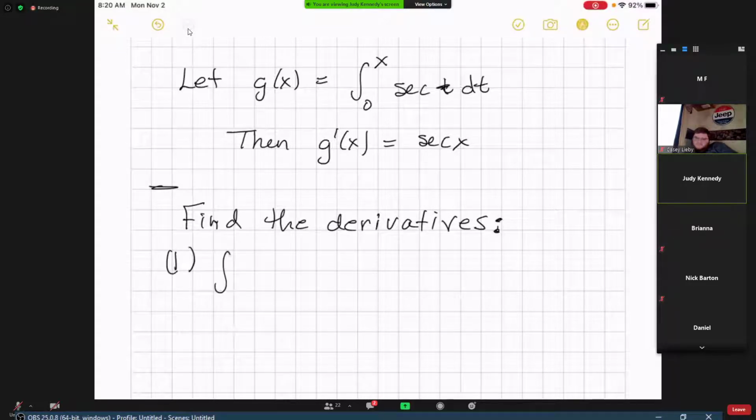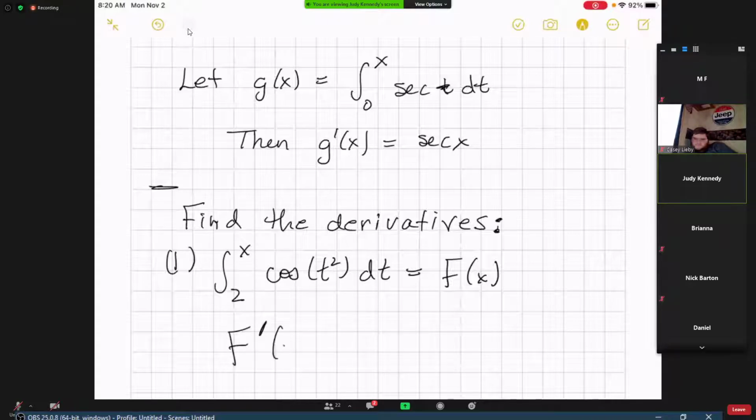Okay, so how about the integral from 2 to x of the cosine of t squared dt, and that is my function. Okay. So I want to find f prime of x. So what's f prime of x equal to?